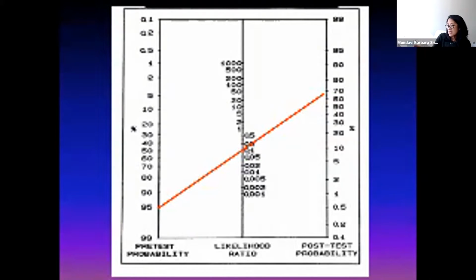This really only drops their post-test probability to about 70%. So it's not that helpful, because they still have a high likelihood of underlying disease. And again, with an intermediate pretest probability of 40% and a negative test, it drops their post-test probability to about 5%. So that changes how we think about this patient.